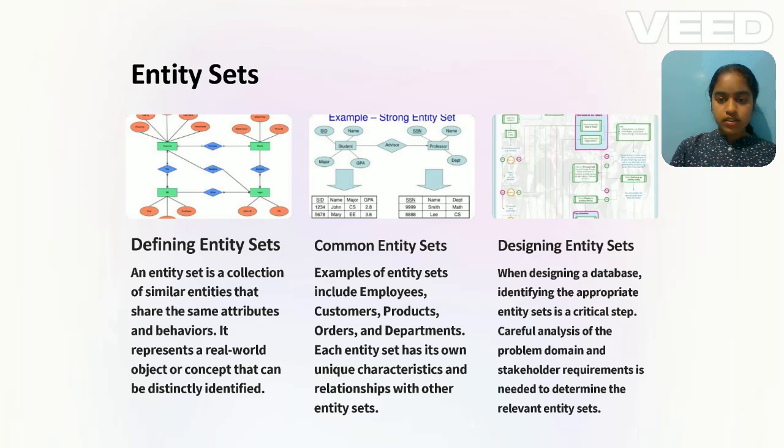Each entity set has its own unique characteristics and relationships with other entity sets. Designing entity sets. When designing a database, identifying the appropriate entity set is a critical step. Careful analysis of the problem domain and stakeholder requirements is needed to determine the relevant entity set.